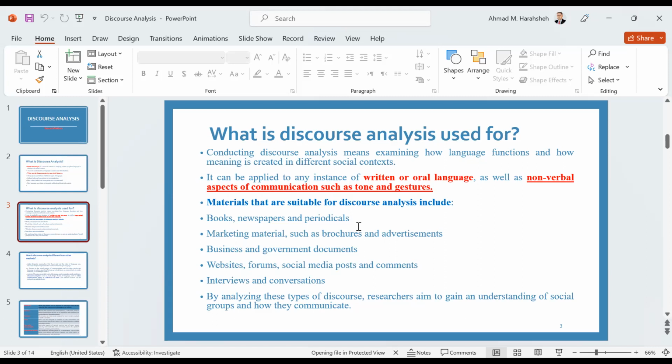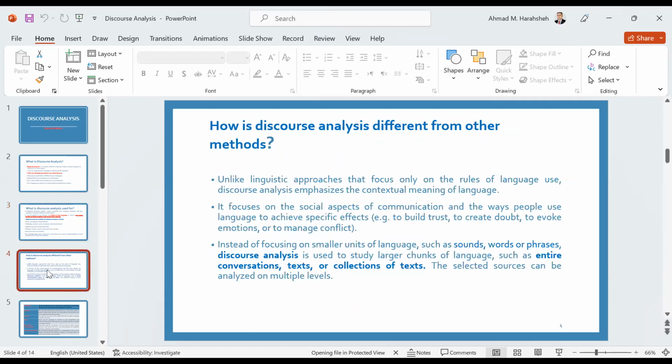By analyzing these types of discourse, researchers aim to gain an understanding of social groups and how they communicate. Imagine when you analyze a certain advertisement for certain products, for example, for old people or for ladies. We have different types of advertisements nowadays, and each type targets a certain group of people.